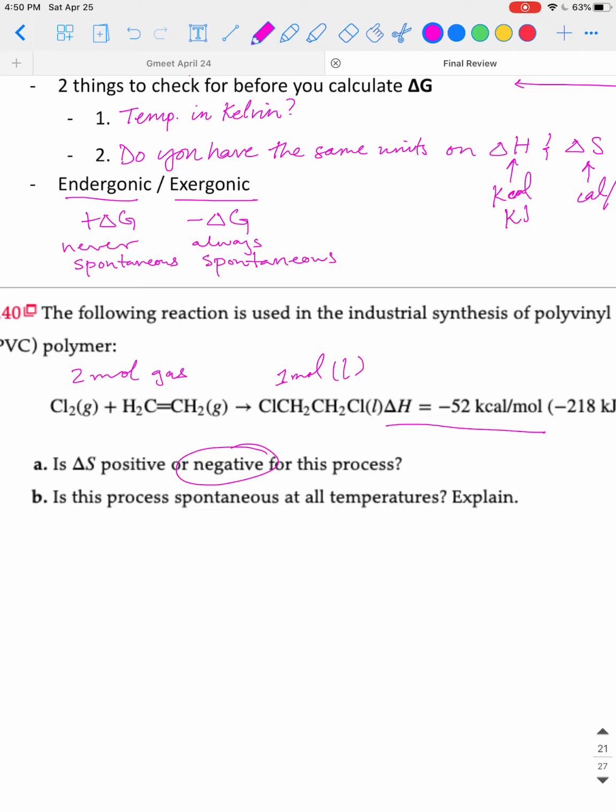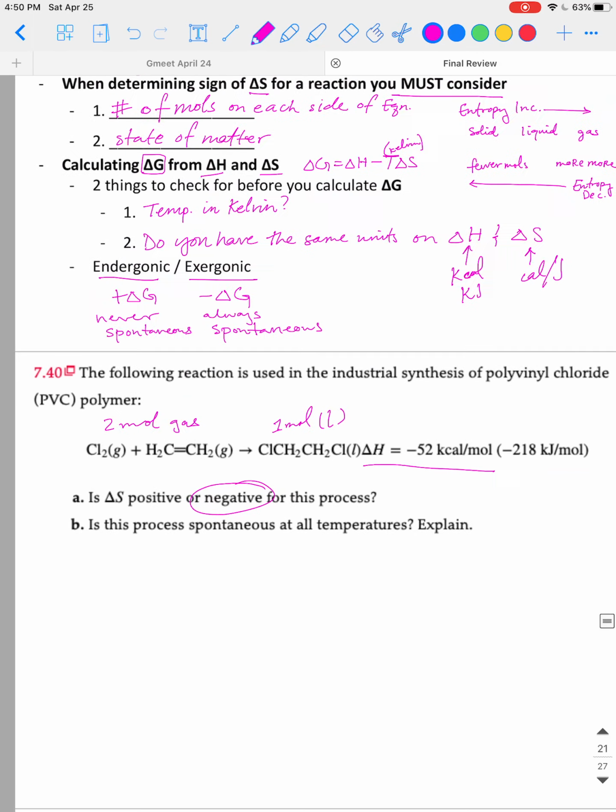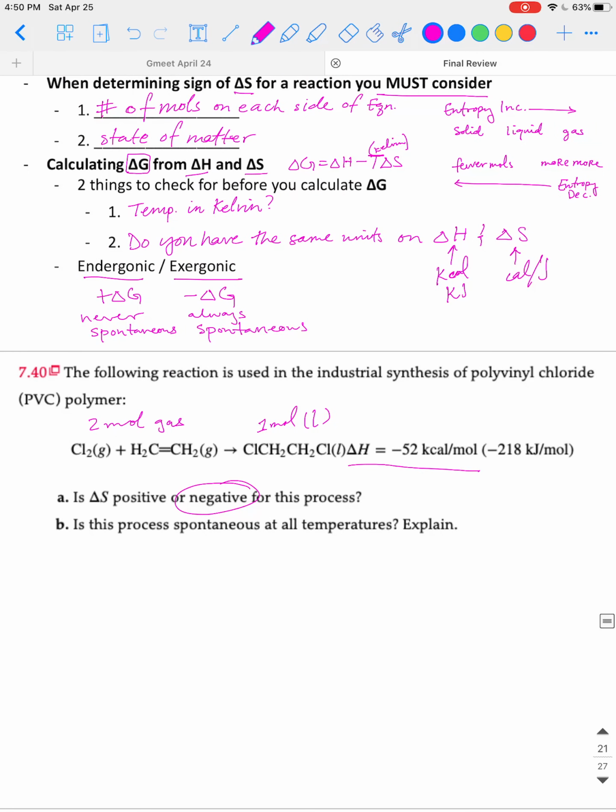Part B says, is this process spontaneous at all temperatures? Explain. Well, we don't have a value for delta S. We do have a value for delta H, but that won't help us if we don't know the temperature. It says at all temperatures. But I can tell you this. Let's look at our equation.